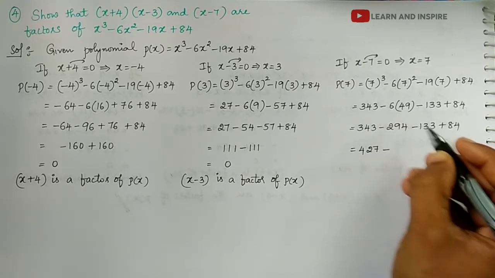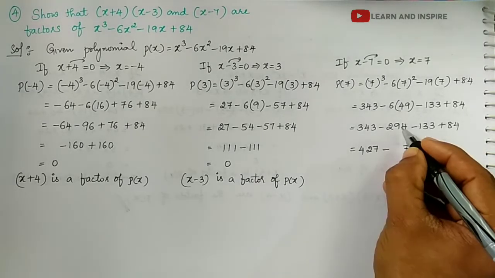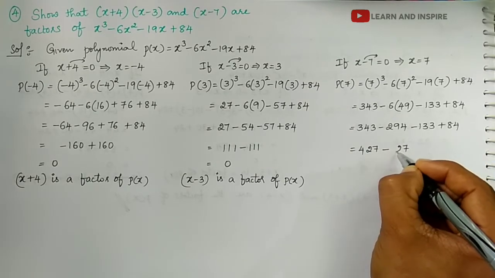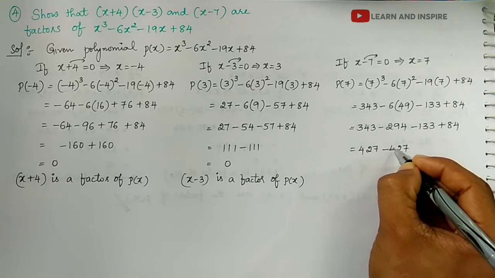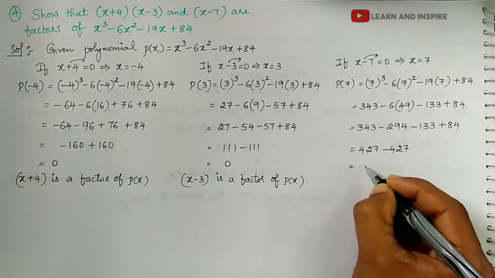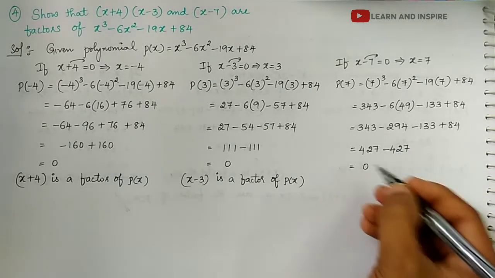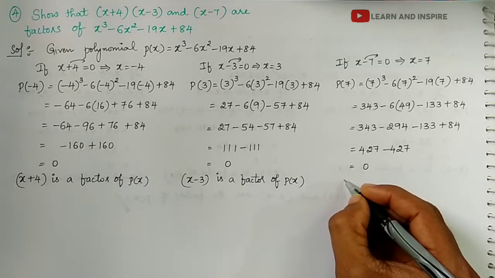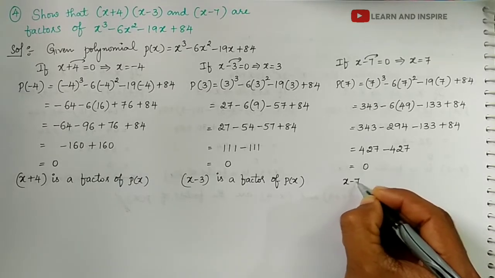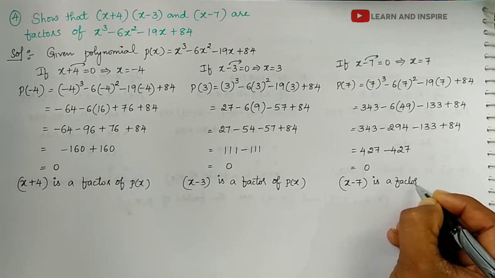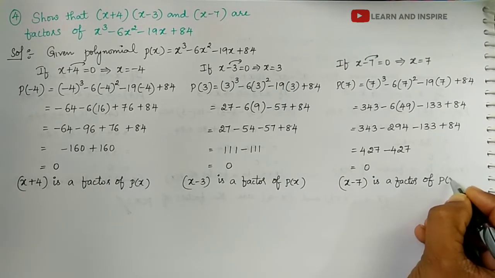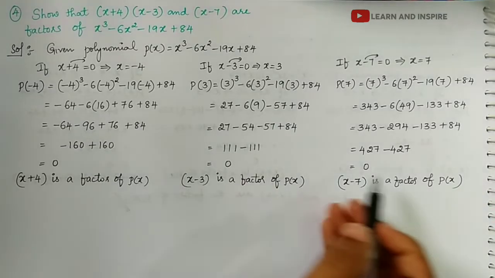So 3 plus 4 is 7, 9 plus 3 is 12, 1 remains, 2 plus 1 is 3 and 1 remains, that is 4. 427 minus 427 is 0. So here the remainder is 0. So we can say x minus 7 is a factor of p of x.